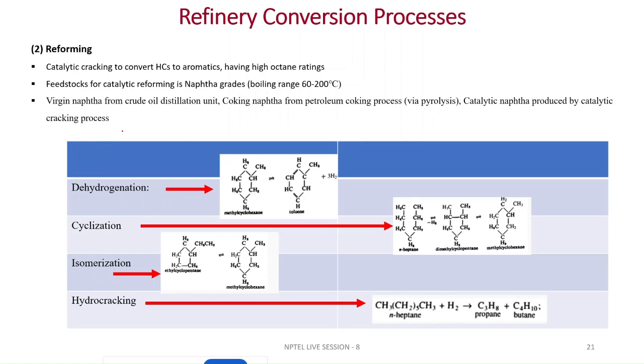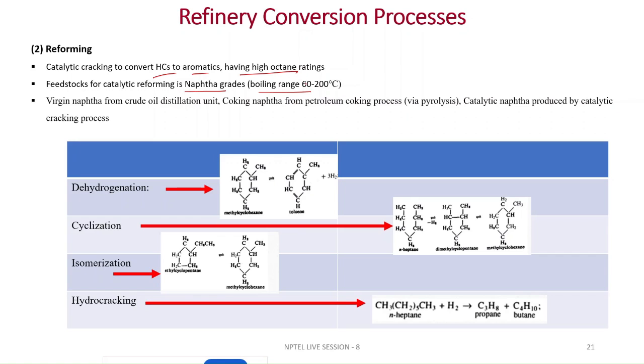So the next process is the reforming process. Catalytic reforming is to convert the hydrocarbons to aromatics or compounds having higher octane ratings. Now the feedstock for catalytic reforming is various naphtha grades. Those have a boiling range of 60 to 200.